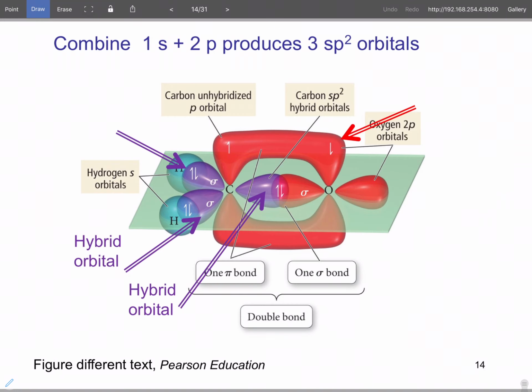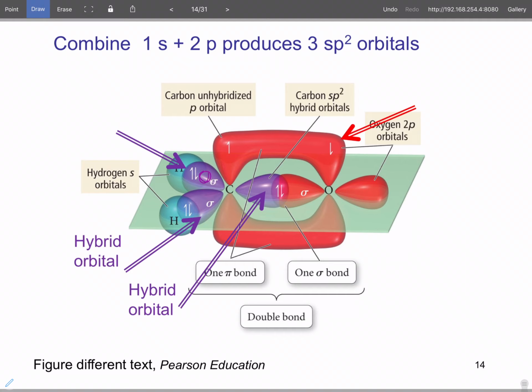So again, if you look at a molecule where you have a double bond, you will see that the sigma bond, which involves the hybrid orbitals, will be on the internuclear axis. And you'll notice that you have 3 of them. Those are the purple ones.